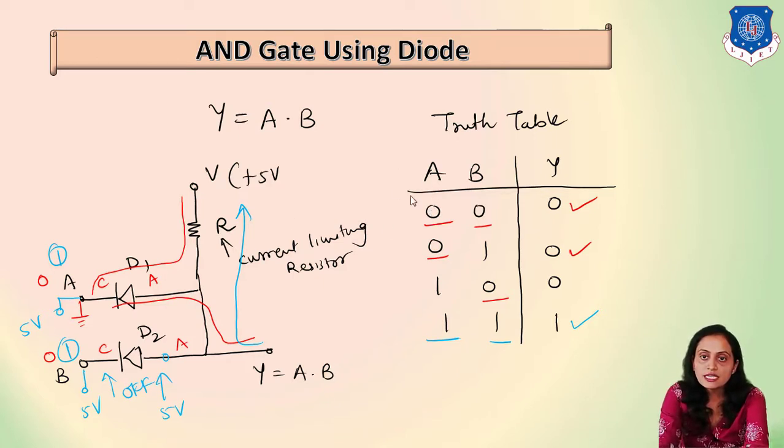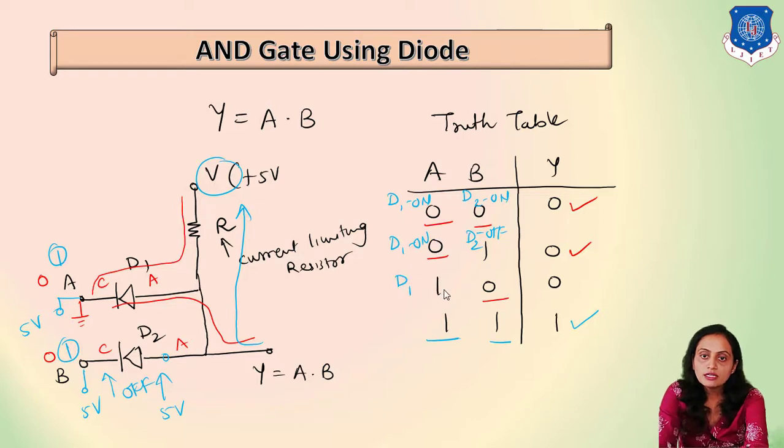And here we can say when input is 0, at that time this D1 is on and D2 is also on, and D1 and D2 both are on. That means there is a path from VCC, this voltage, to the ground, and that is why output is 0. Here when input is 0, D1 is on, and if input is 1, D2 is off, and due to that the path of this supply V is from D1.